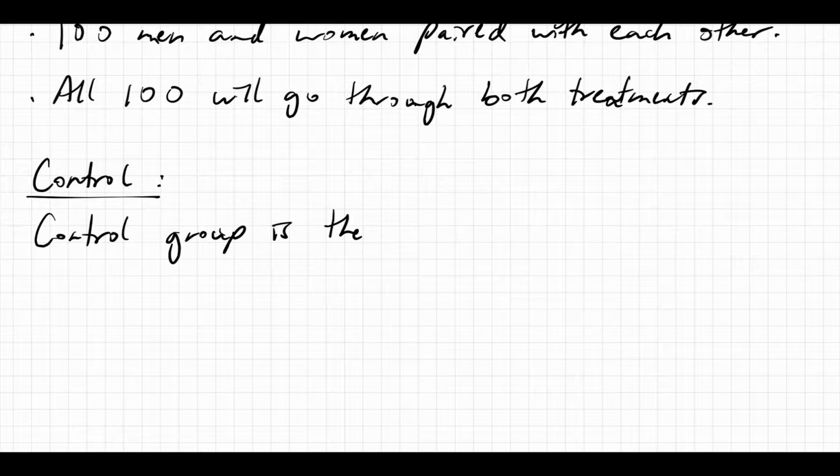So essentially each person is in the treatment group and in the control group. That's why this one's different. Before, we've never seen that. We've either seen you've been in one group or the other. Now everybody is in both groups. So control group is the adjustable heat shower.